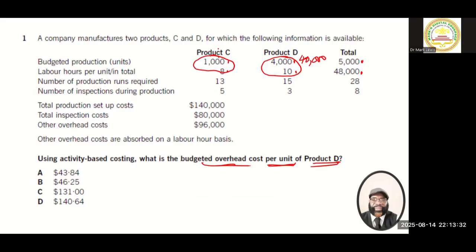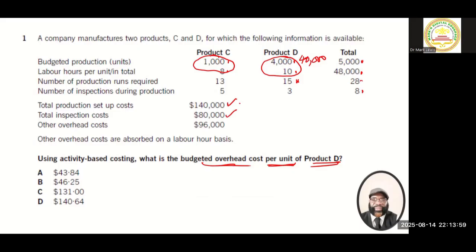The number of production setup runs is 15 for D, 13 for C, giving us a total of 28. The number of inspections would be 3 for D, 5 for C, giving us a total of 8. In the next section, we are given the costs associated with those activities. Production setup was $140,000 in cost.